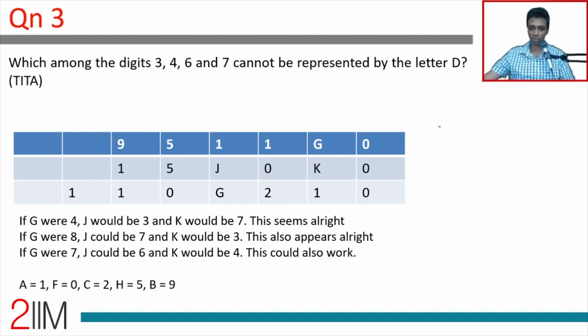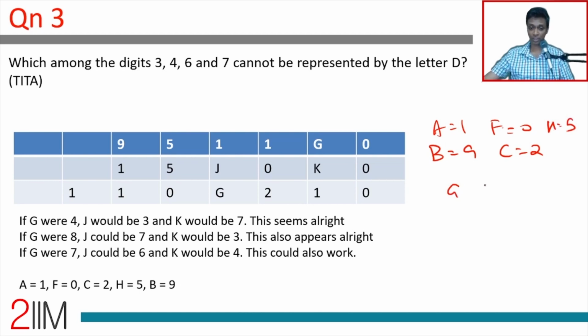Which among the digits 3, 4, 6 and 7 cannot be represented by the letter D? Remember, we've got A is 1, F is 0, B is 9, C is 2, and H is 5.